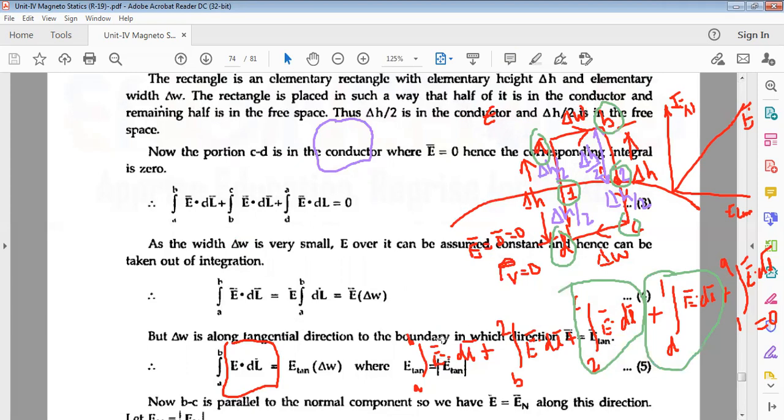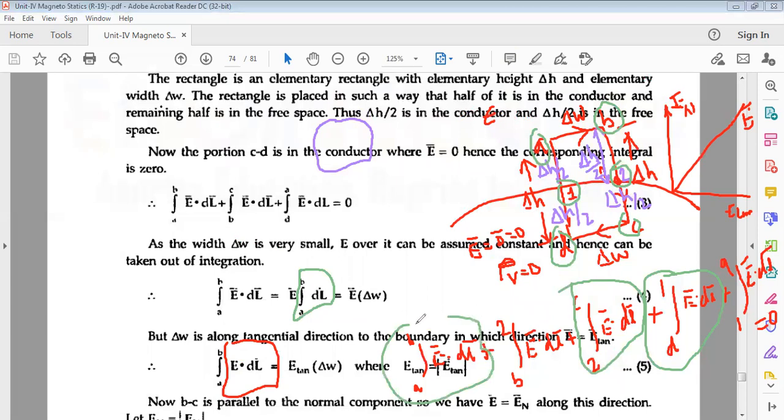It is E bar into delta omega in the direction, so in total we get the magnitude only. That magnitude is E bar into the integral of AB of dl bar. You can write it as the width, E bar into delta omega, as the first integral.